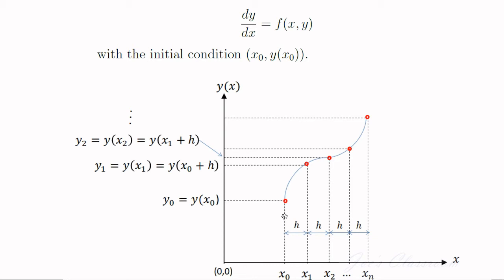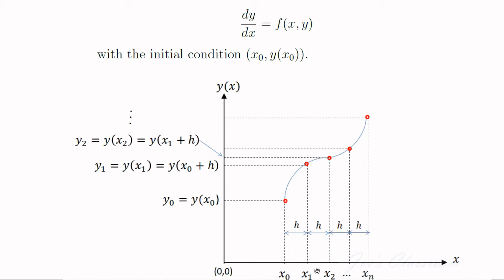Anyhow, to find out the solution of this differential equation, the initial value has to be known. So let us say that initial value is x0, y0 as said before. And from this initial value, we need to find the next point, that is x1, y1. And then from x1, y1, we should find x2, y2.